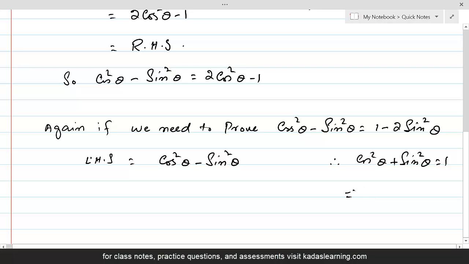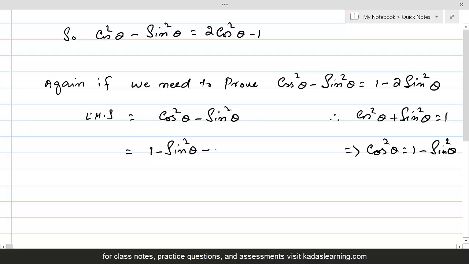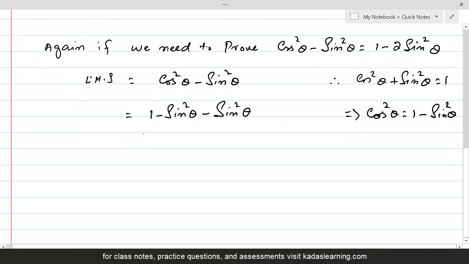So cos square theta is equal to 1 minus sin square theta. Let's substitute this value of cos square theta, and we will have 1 minus sin square theta and minus sin square theta. Minus sin square theta and minus sin square theta will become equal to 1 minus 2 sin square theta.